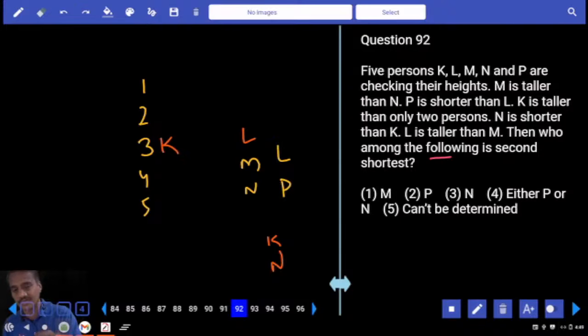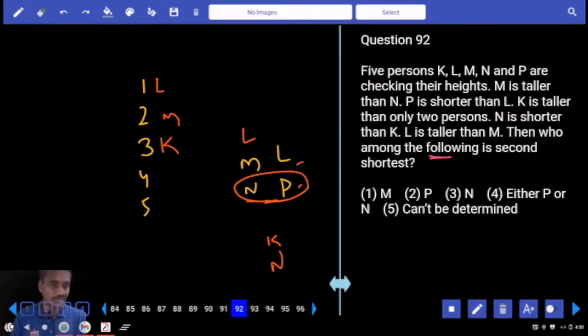First is L, next is M, next one K. And after this K, between L and P, any information between N and P? No. Then the question is about the second shortest. Second shortest is either P or N, choice 4, question number 92.